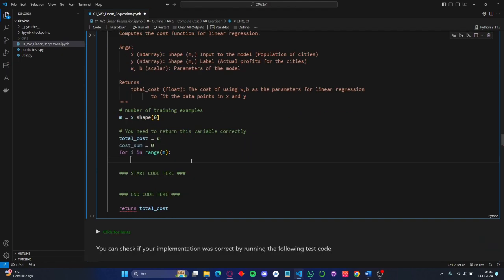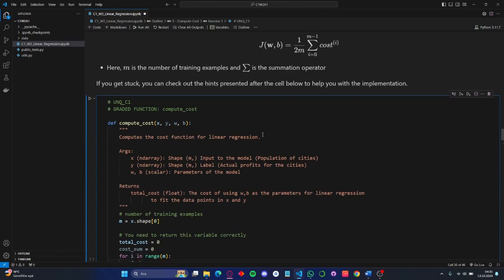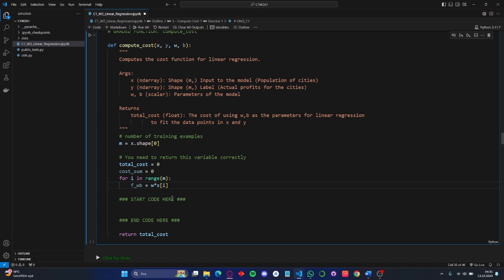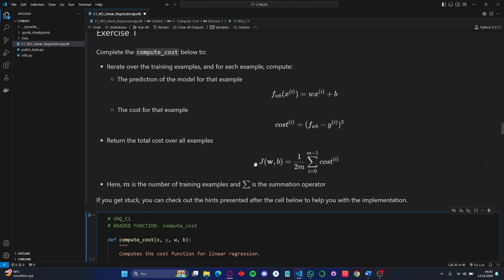For example, f_wb equals these parameters w times x, this iterator, plus b. This is the regression function.